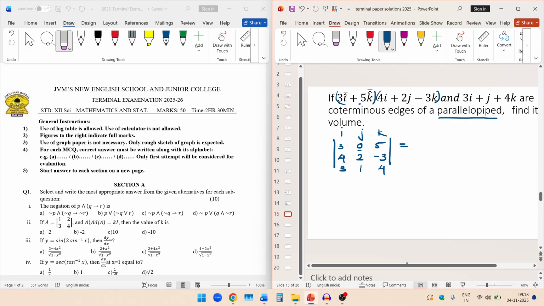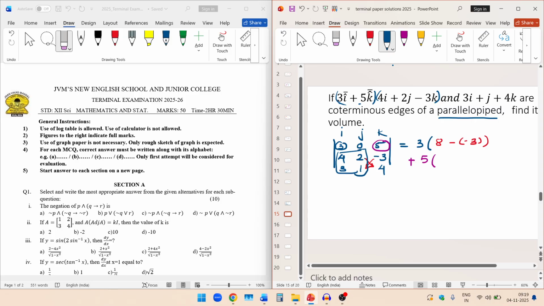Now I've noticed many students don't know how to solve determinants. I'm surprised. So I'll solve it now in front of you. So this is 3 multiplied by 2 times 4. 2 times 4 is 8, minus 3 times 1, which is minus 3, plus 5 times this one.